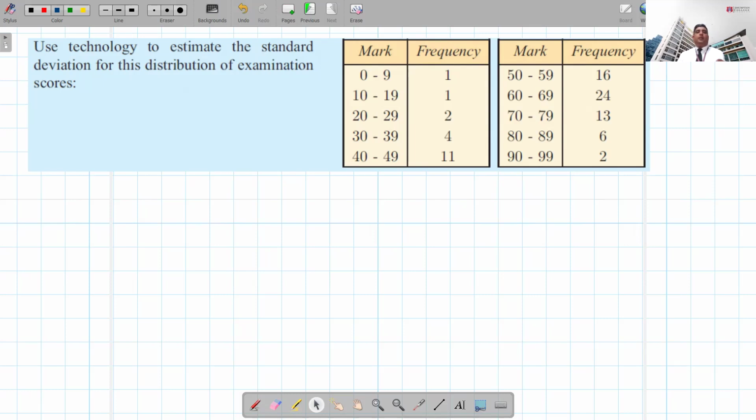Okay, so if you have learned how to use your calculator to find the standard deviation, let me show you some sample results that are displayed in the calculator.